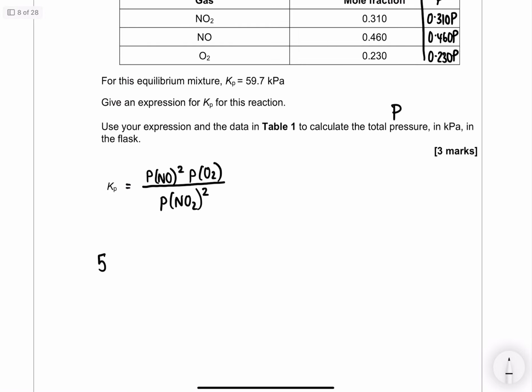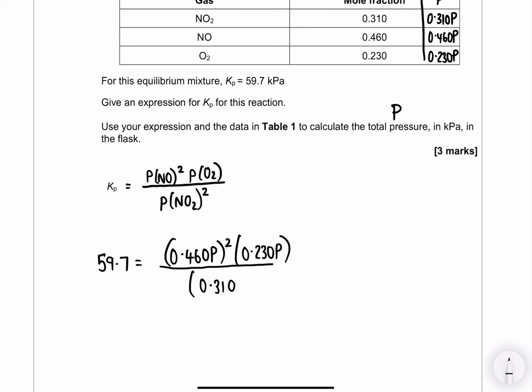So 59.7 equals 0.460 times the total pressure squared, 0.230 times the total pressure, divided by 0.310 times the total pressure squared.